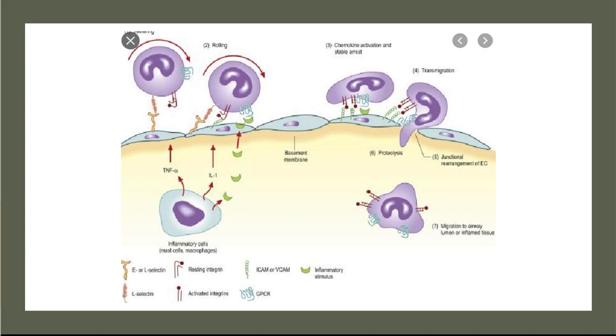The three members of the family are E-selectin, also called CD62E, that is expressed on endothelial cells, P-selectin, or CD62P, present on platelets and endothelium, and L-selectin, CD62L, found on the surface of most leukocytes. The ligands for selectins are sialic acid-containing oligosaccharides bound to glycoprotein backbones.